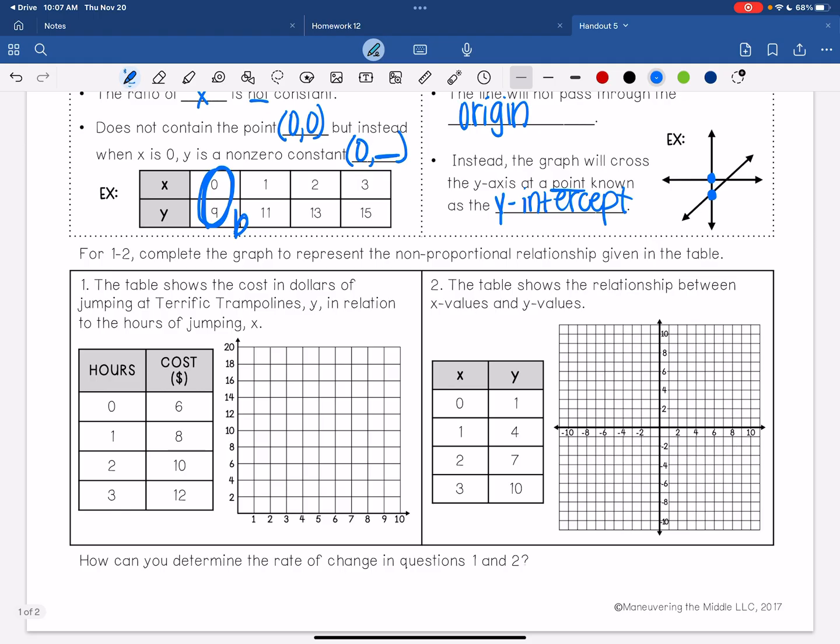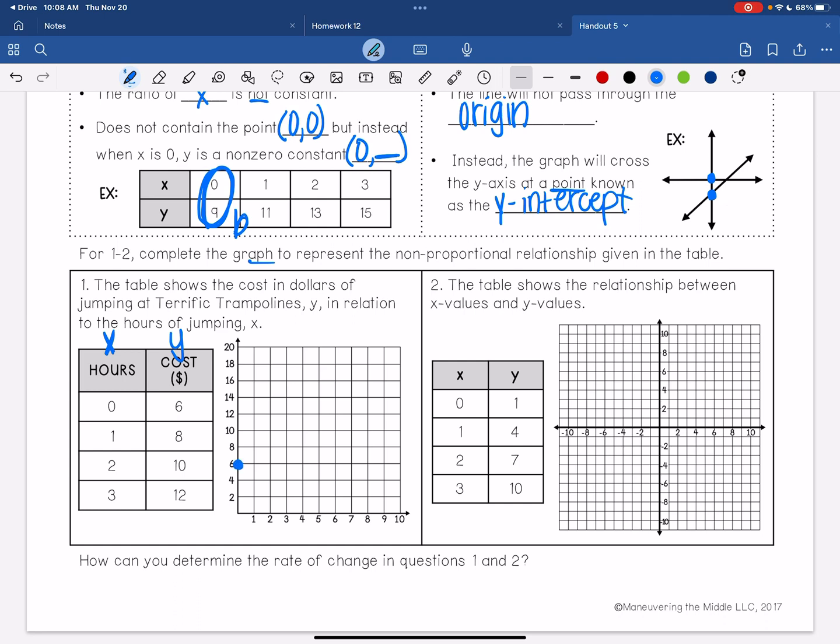Down here at the bottom of the page, number 1, we're going to complete the graph that the table shows us. So starting off, we have this example that's about terrific trampolines. We always know in our tables, x's are on the left, y's are on the right. So I'm going to drop those points into my table. The first one I have is 0, 6.